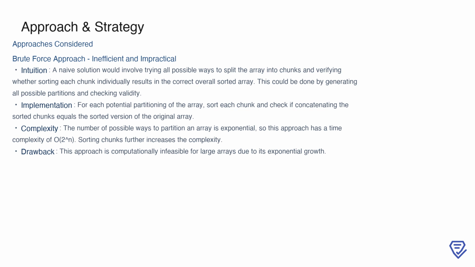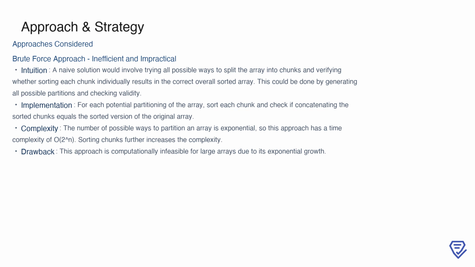To solve this problem, one intuitive but highly inefficient approach is to try all possible ways to split the array into chunks. This brute force approach involves generating every possible partition of the array and checking whether sorting each chunk individually results in the entire array being sorted. While this may seem theoretically correct, the issue arises from the sheer number of possible partitions, which grows exponentially with the size of the array.